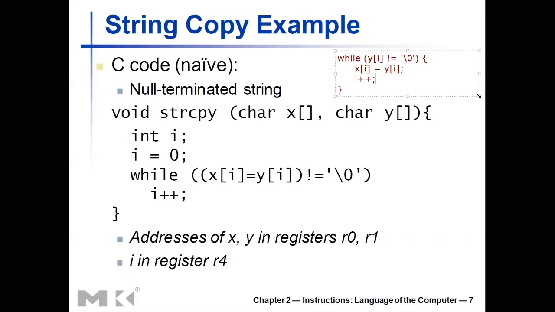Then Sashini is asking, can we use R1 hash R4 instead of R2 hash 0? No, actually, this hash you need to use when you are using immediate values, and whether the offset can be given in a register, that you need to check.